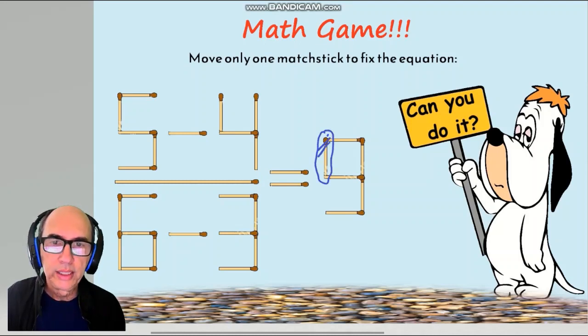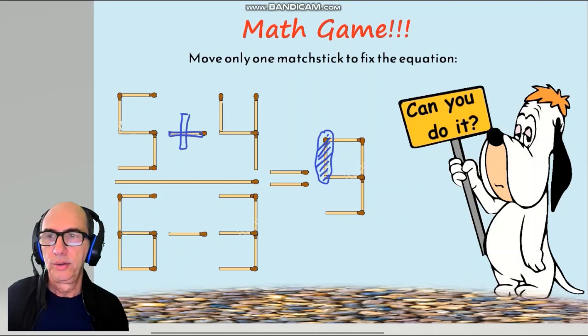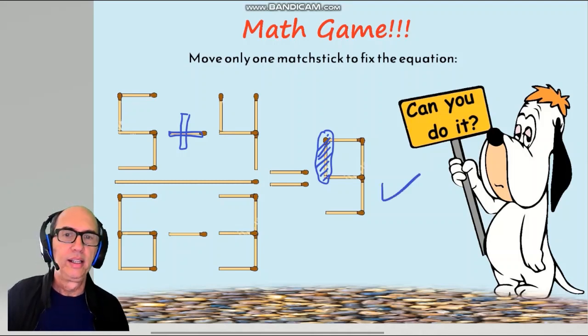You can remove this, remove this. Then you're going to have a 3 and place it as the plus, making a plus sign on the numerator. So 5 plus 4 is 9, divided by 6 minus 3 is 9 over 3, 9 divided by 3, 3. Now we have the right answer.